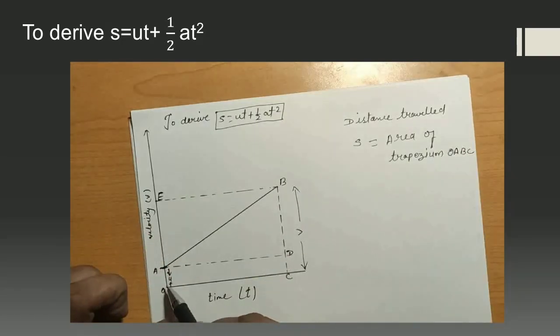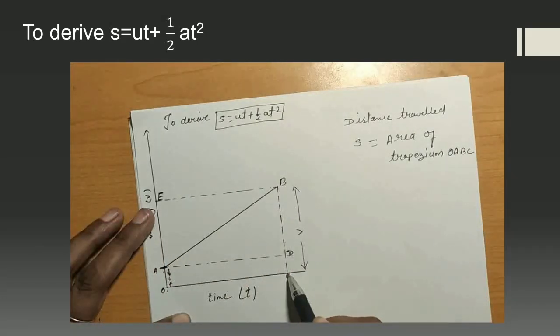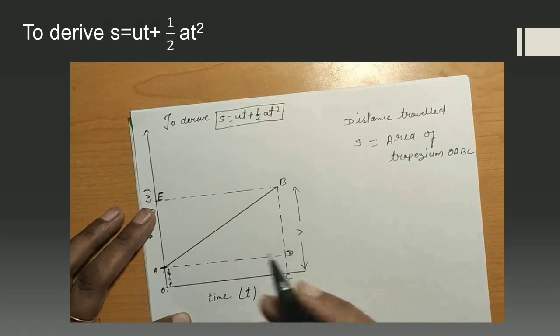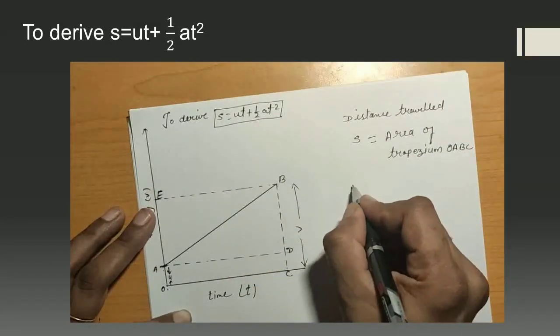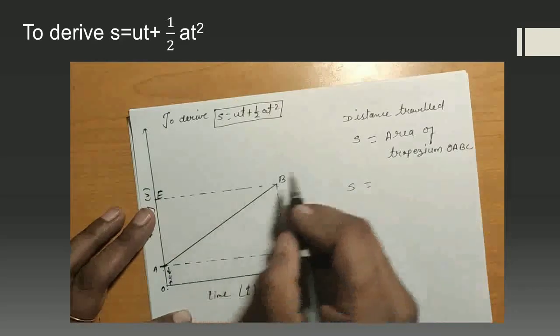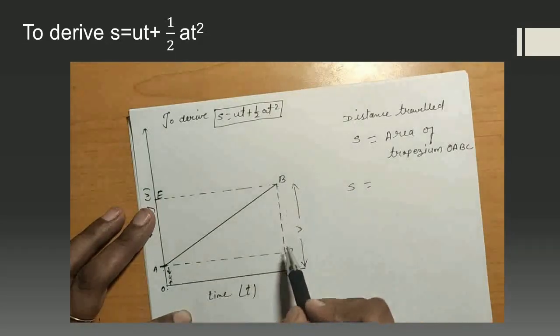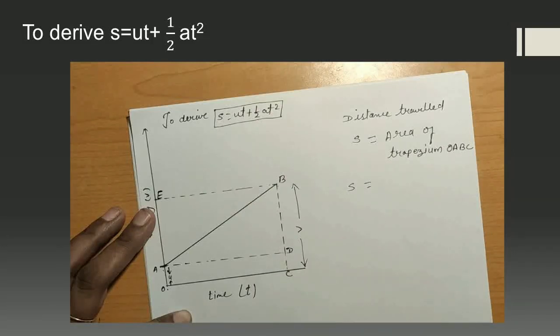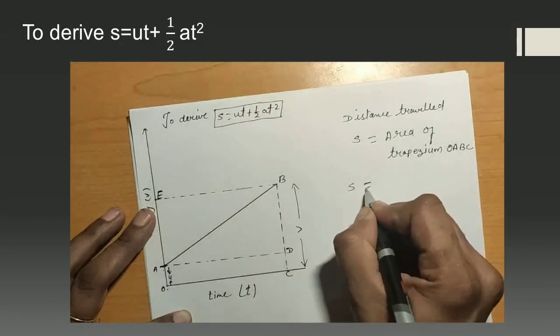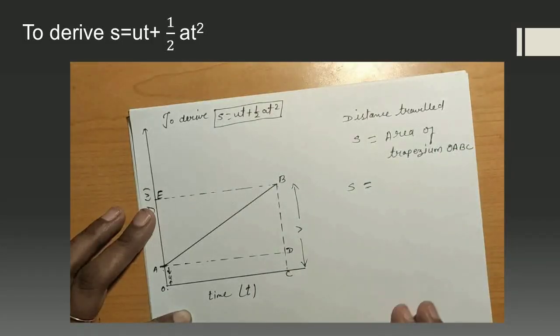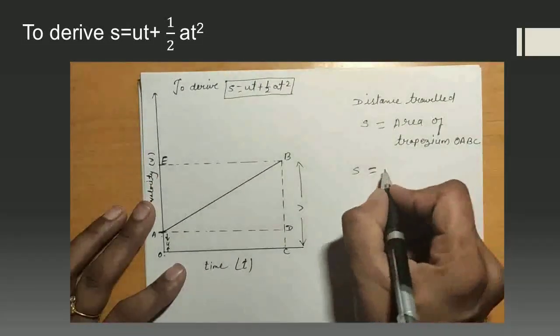Clear? From here we can see that this trapezium is made up of a triangle and one rectangle. So we can split this trapezium into that triangle and rectangle.